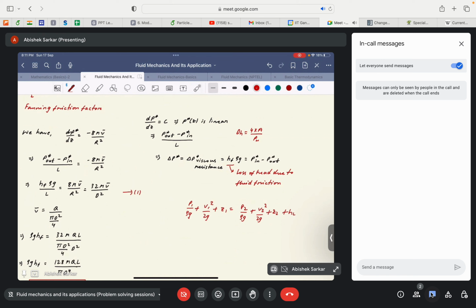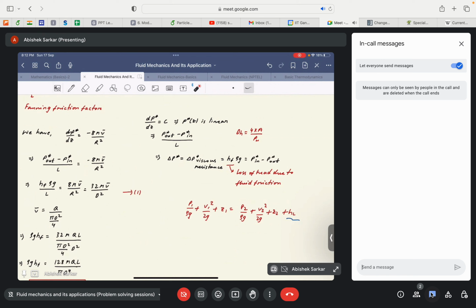So in the modified Bernoulli's equation, we write a head loss term that compensates for the viscous effects of the flow field, which we usually ignore in the case of Bernoulli's equation, right? But in the modified Bernoulli's equation, we incorporate the viscous effects by an additional head loss term on the right hand side of the equation.